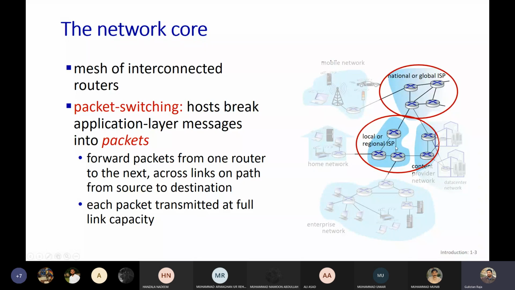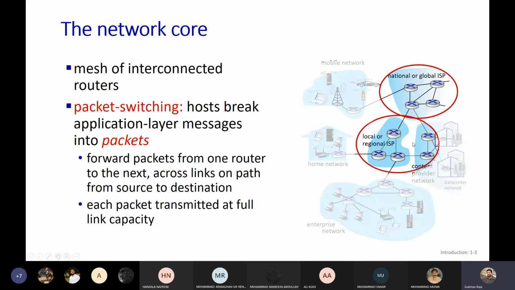Naturally, they are generally connected by high bandwidth fiber optics, or optical fiber, and the prime component in it is routers. So you see here that there are various numbers of routers.